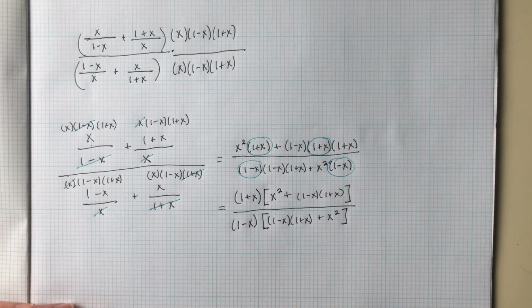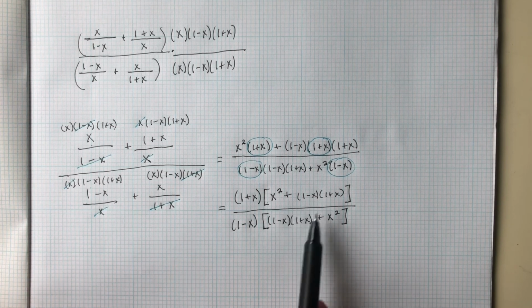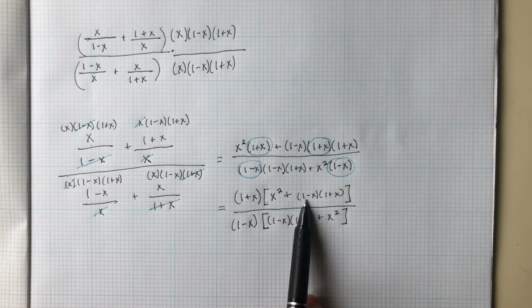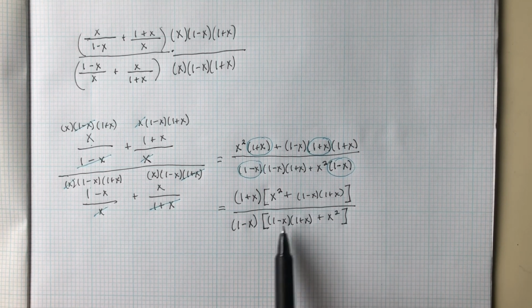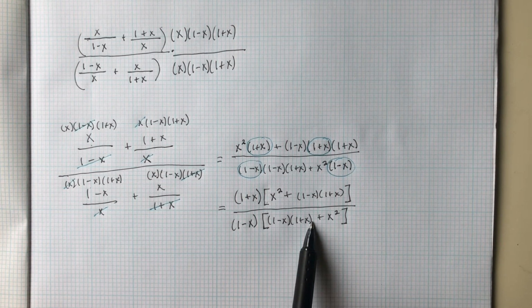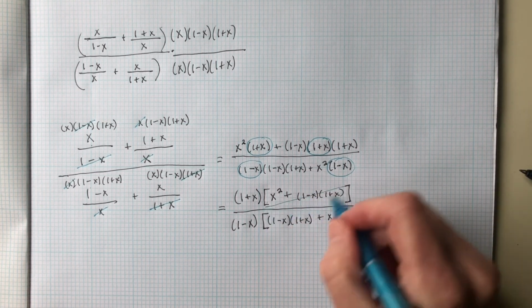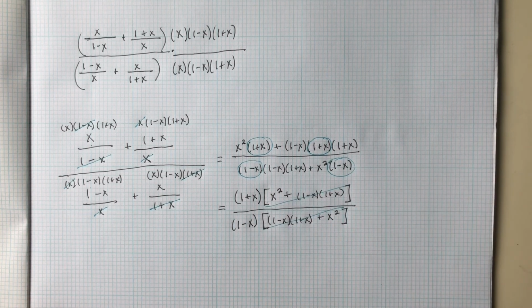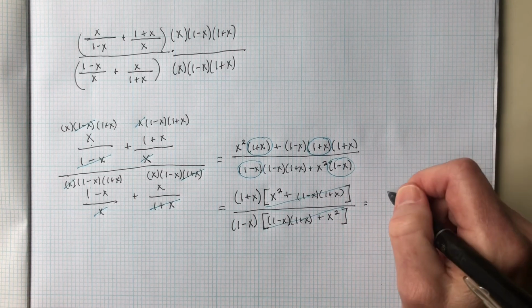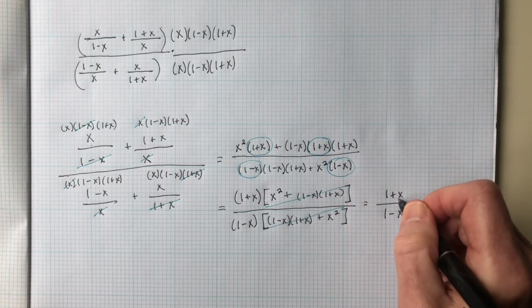And notice that because addition and multiplication are commutative, that x squared plus this 1 minus x times 1 plus x is the same expression as this factor down here, 1 minus x times 1 plus x squared. So these are the same. So these actually cancel out here and here. And we are left with the answer 1 plus x over 1 minus x.